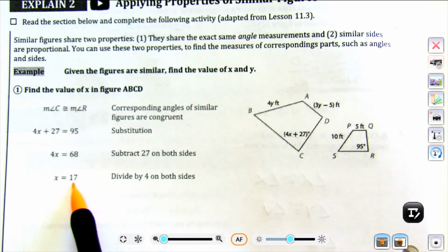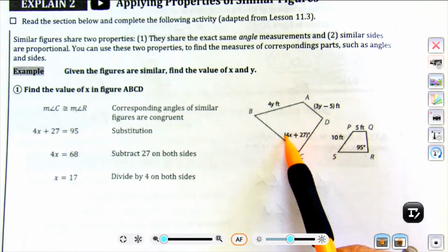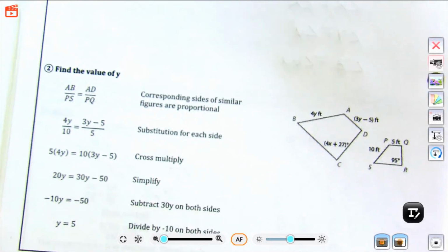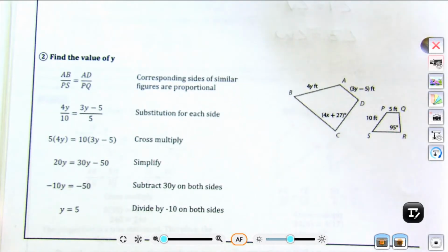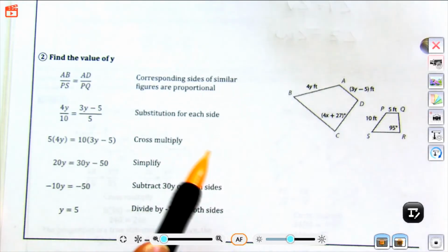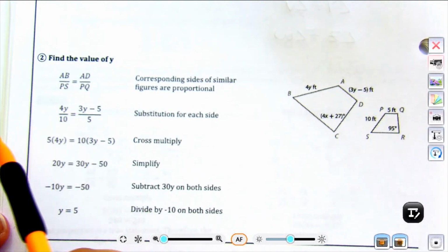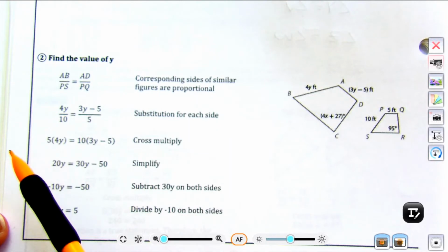So when we're talking about angles, we could set them equal to each other. For number 2, though, we are talking about sides. And for sides, we don't set the sides equal to each other, but what we do is we create a proportion. So let's look at the sides that we have.